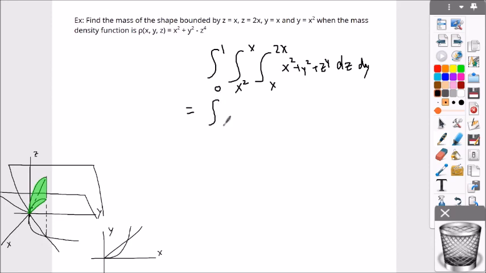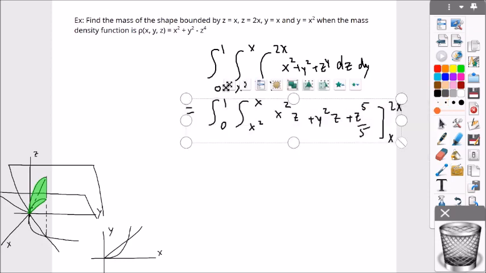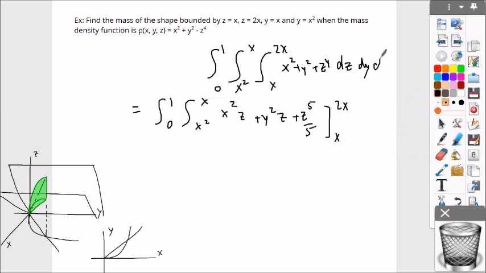So this is equal to the integral from 0 to 1 of x squared z plus y squared z plus z to the fifth over 5, evaluated from x to 2x, dy dx. I need to put dx right here, dy dx. If I put 2x and then minus x, I'll actually just get x cubed.